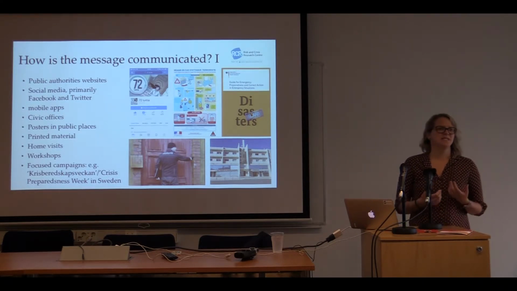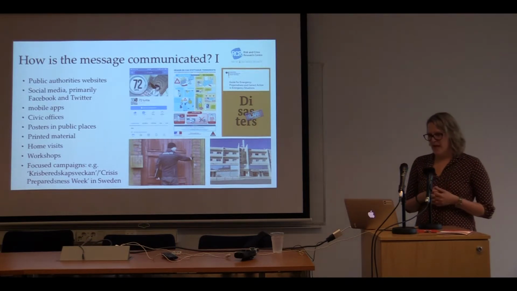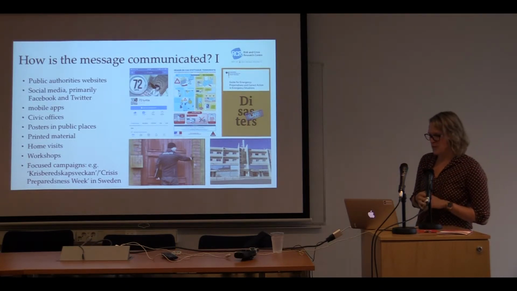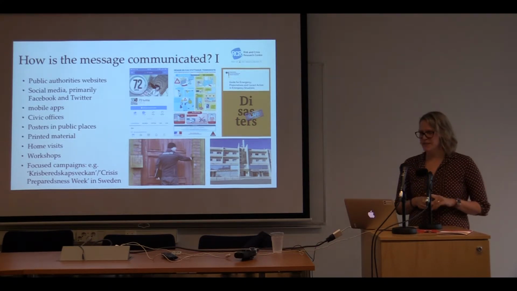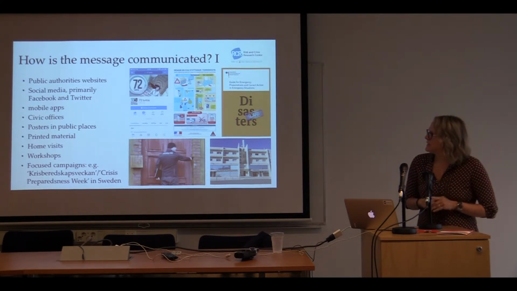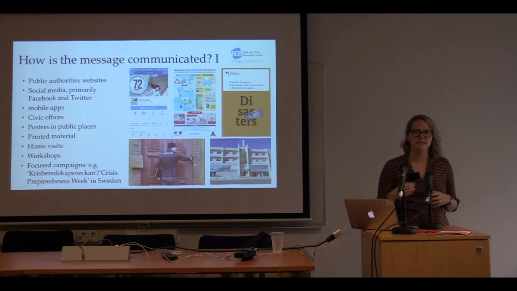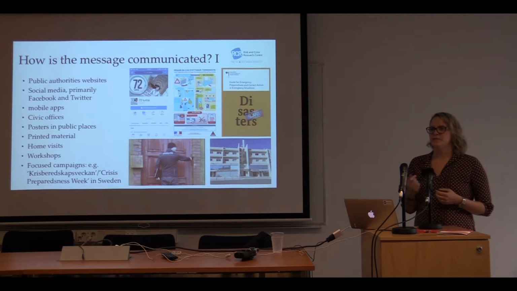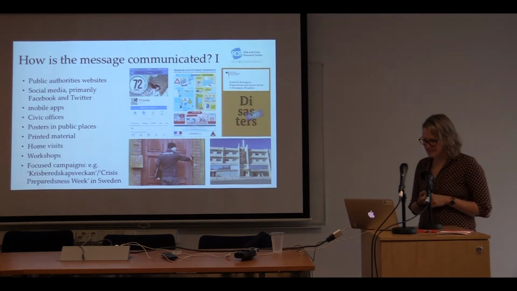But dissemination of risk and crisis communication is also made through social media, especially Facebook and Twitter, and also on YouTube. You can see several government agencies in these countries have YouTube channels where they are distributing this kind of information.